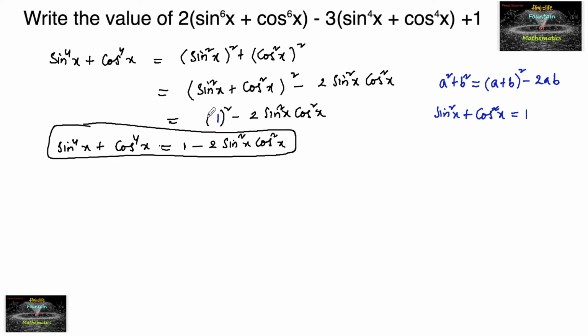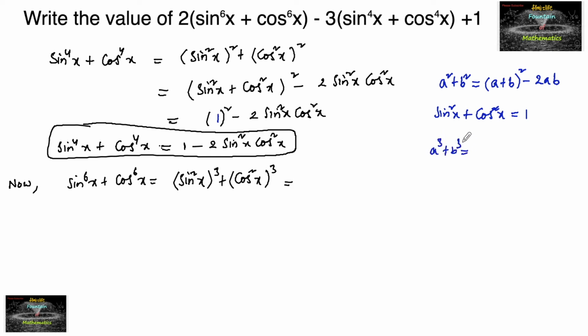And now let us find sin power 6x plus cos power 6x. We can write this as (sin square x) whole power 3 plus (cos square x) whole power 3. So using the formula a cube plus b cube is equal to (a plus b) into (a square plus b square minus ab), let us use the formula here.